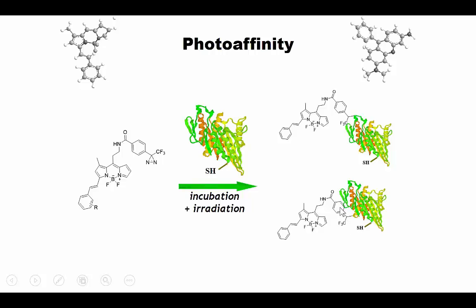That's why the advantage of this photoaffinity is the labeling efficiency can be potentially higher than chemical affinity. In the chemical affinity case, the orientation and also binding site of this molecule to the target protein should ideally be located nearby to the nucleophile. But in the photoaffinity case, it doesn't matter.